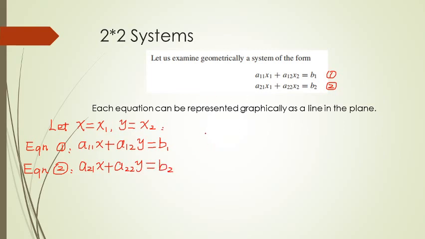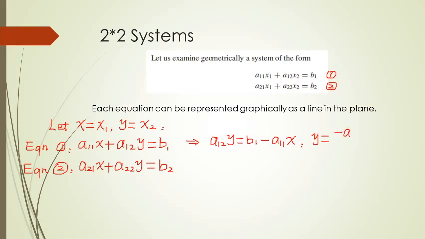So I'm going to express my y. I will rewrite in this way. A12y equals B1 minus A11x. No problem, right? So I can express my y, divided by A12.